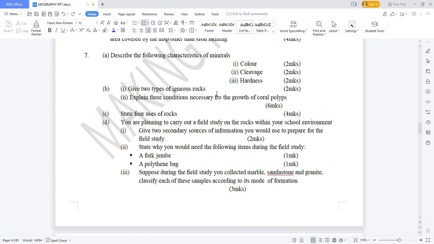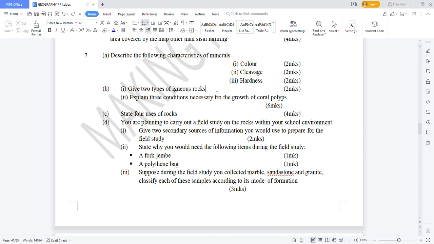E.g., talc is soft, quartz is moderately hard, and diamond is the hardest. I've given an example where I've said talc is soft, quartz is moderately hard, and diamond is the hardest.